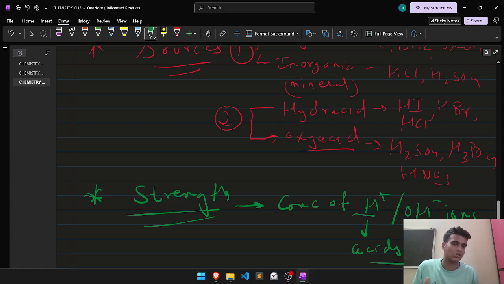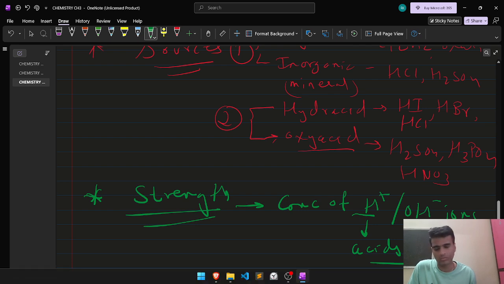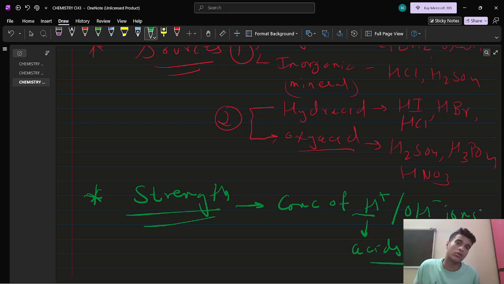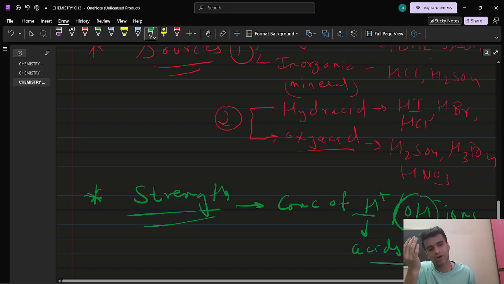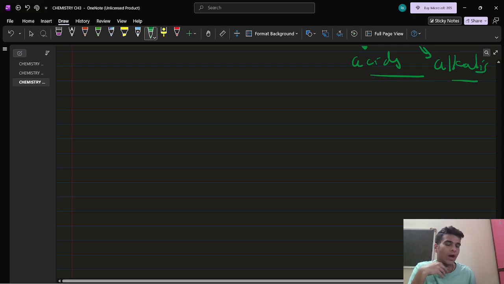H plus in the case of acid and OH minus in the case of alkali. So a strong acid dissociates to give a high concentration of hydrogen ions, a strong alkali dissociates to give a high concentration of OH minus ions. A weak acid gives a low concentration of hydrogen ions, a weak alkali a low concentration of hydroxyl ions.